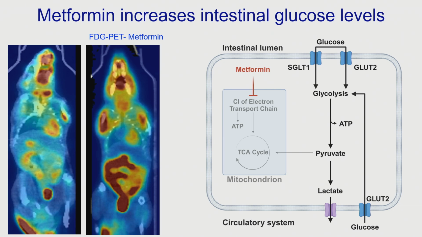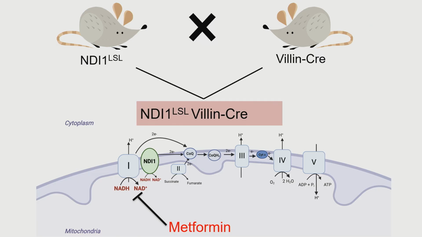But of course, you can imagine it could be complex 1 independent, and maybe somehow metformin is hitting the glucose transporters, AMPK directly, or something else. But here, we can actually test whether metformin inhibition of complex 1 is necessary for this glucose uptake. Because now we're going to put, using Villin-Cre, NDI1 only in the intestines, right?